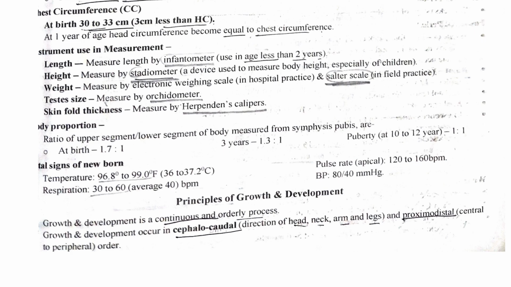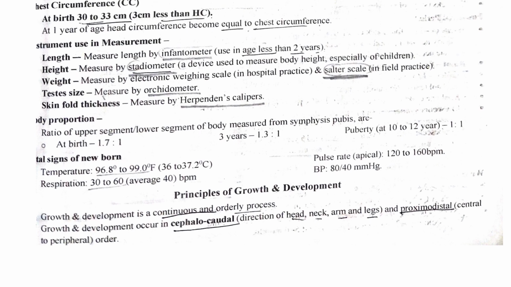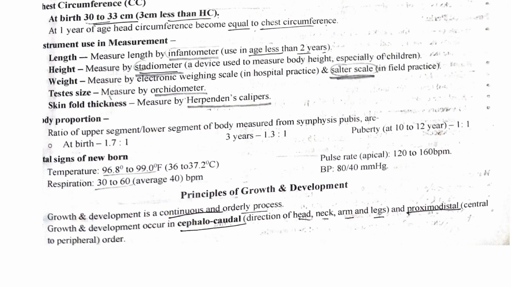Temperature 96.8 to 99 degrees Fahrenheit, 36 to 37.2 degrees Celsius. Pulse rate, apical, 120 to 160 beats per minute. Respiration 30 to 60, average 40 breaths per minute. Blood pressure 80 over 40 mm of Hg.